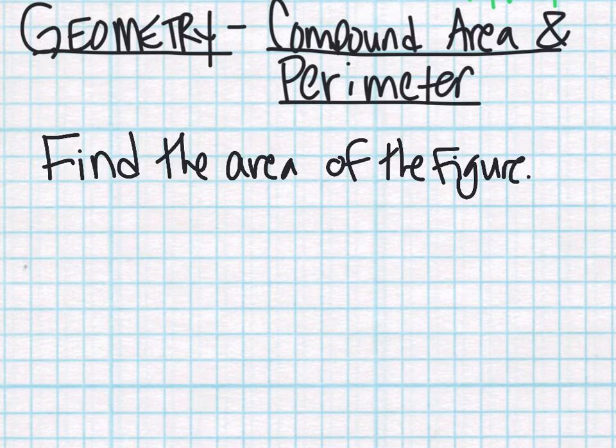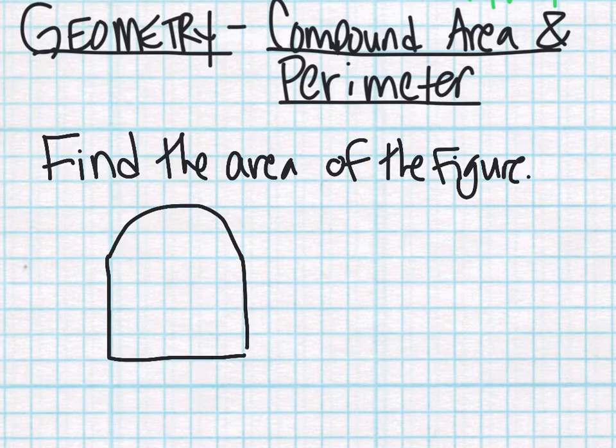So we've got a semicircle, and then a rectangle. This little dashed line right here kind of shows the division between the two basic shapes, but shows that this is actually one full shape together.